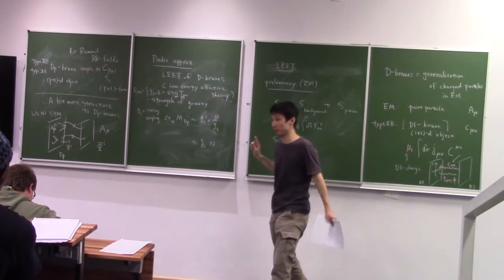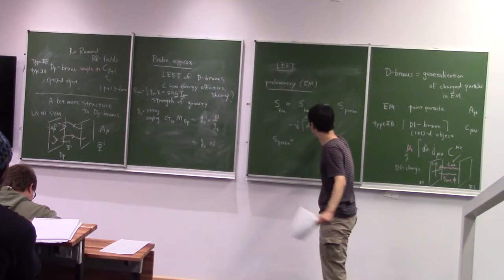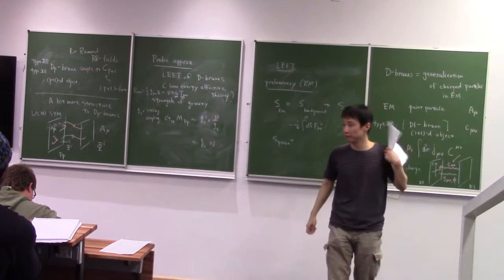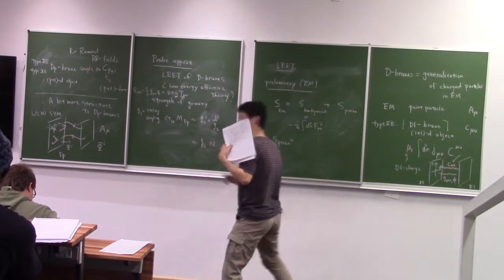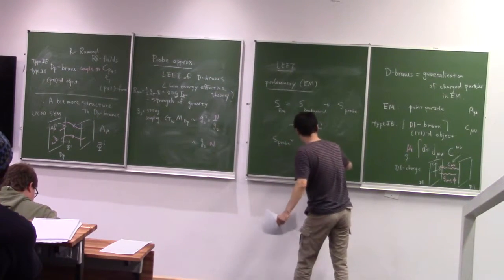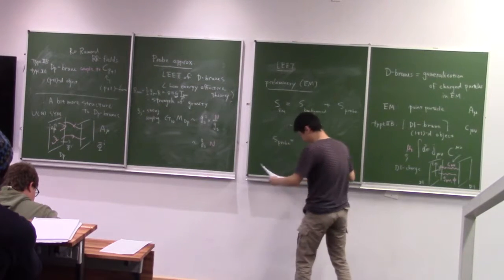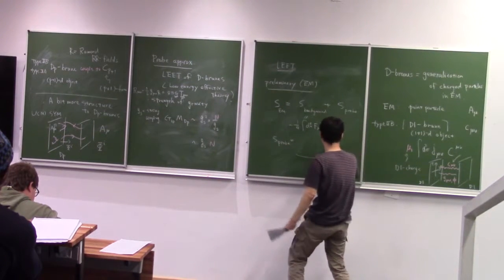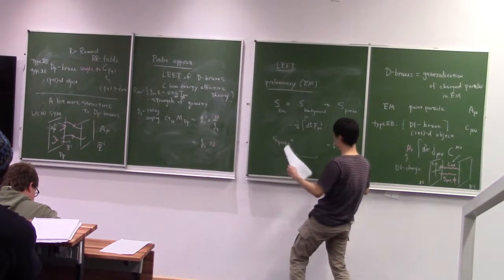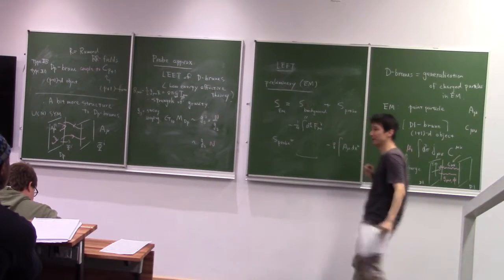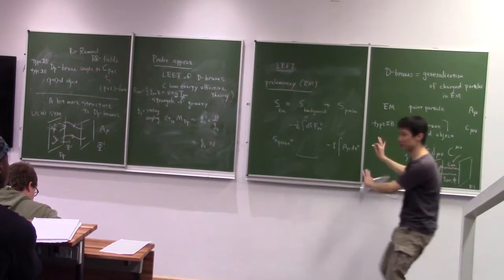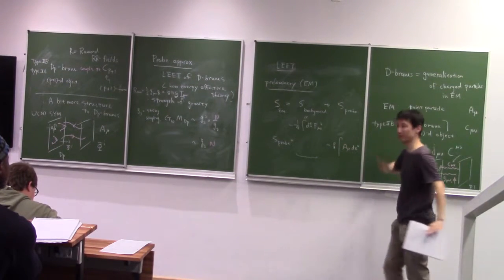Just a charged particle in the background of an electromagnetic field. There's some part, and the convention seems to be minus q. I can write it like this. I slightly changed the notation, but it's fine.